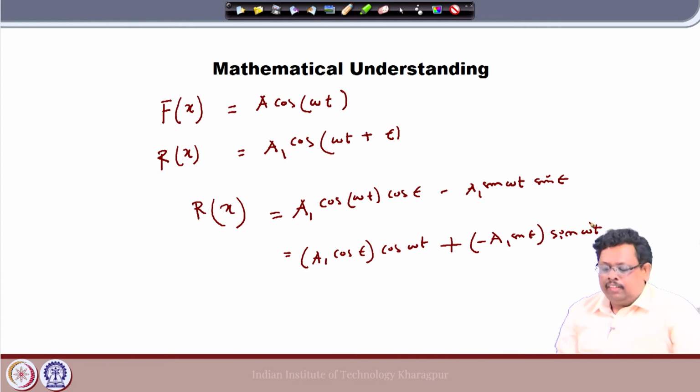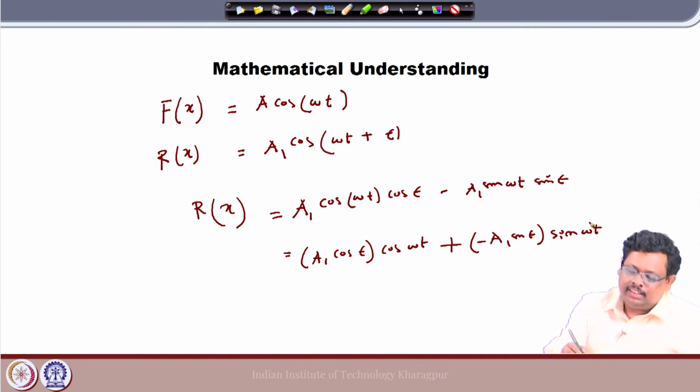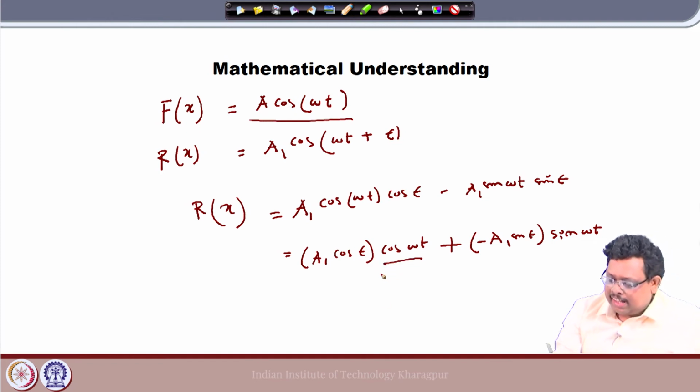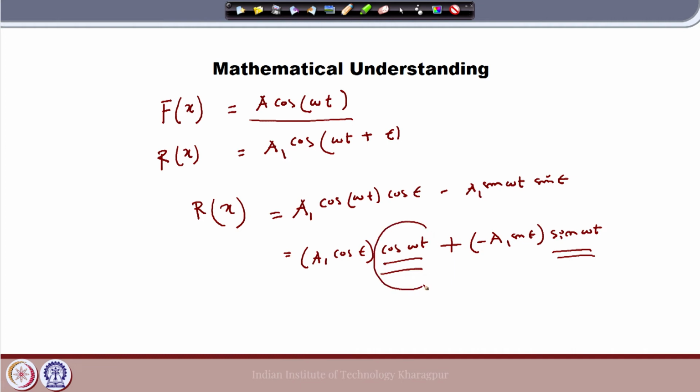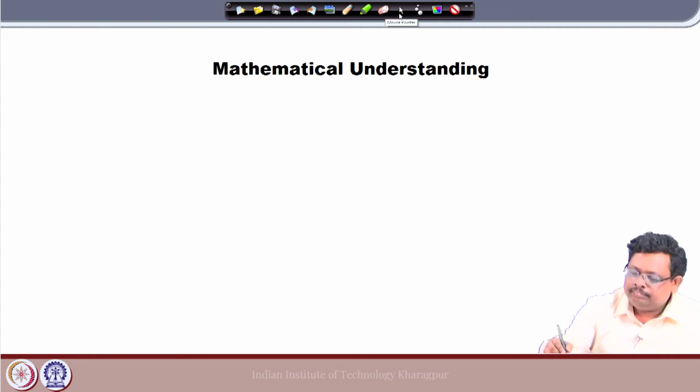Okay. Now, you see we have come to a very interesting thing. We started with a harmonic motion cos omega t. Now, you can see that it actually has two different components, right. One goes with cos omega t, and another goes with sin omega t, right. Then what is the meaning of this?